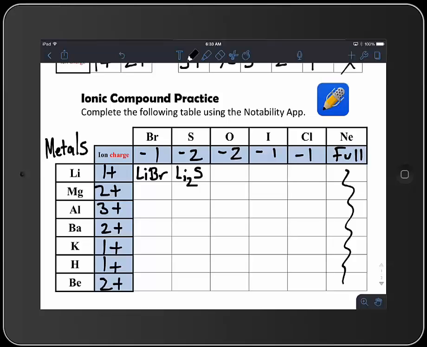Next one, I need to have oxygen, so that's Li2O, and then LiI. And then the last one is going to be LiCl, again because those are all +1, -1. Okay, and so you can go ahead and do the rest on your own.